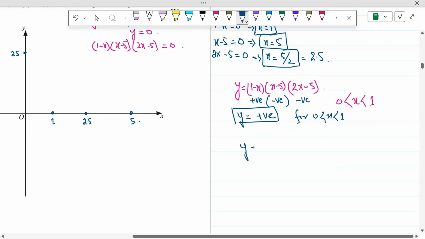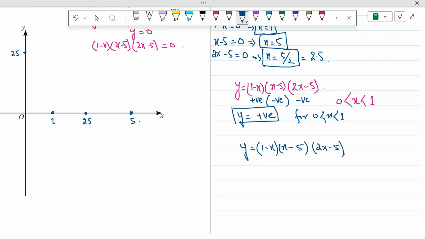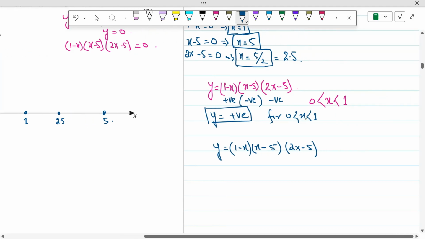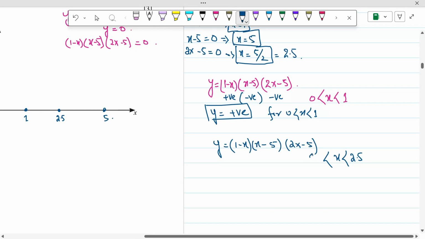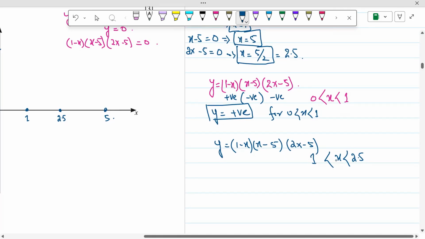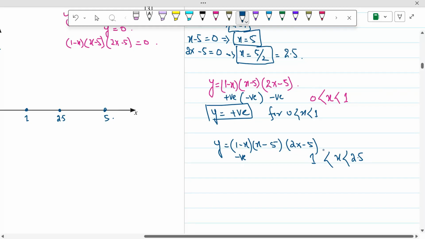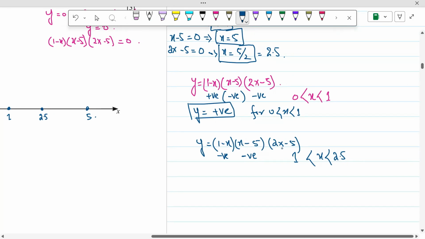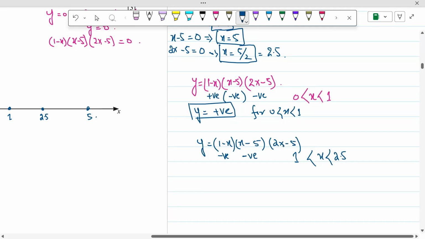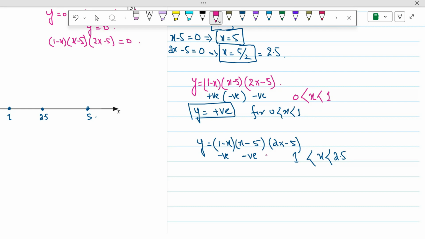Now again, y equals (1 minus x)(x minus 5)(2x minus 5). We take the next range, x between 1 and 2.5. When we plug in any value between 1 and 2.5, 1 minus x will be negative because x is greater than 1. x minus 5 will be negative because x is less than 5. 2x minus 5 will also be negative because 2 times this range is less than 5. Negative times negative is positive, and positive times negative is negative.